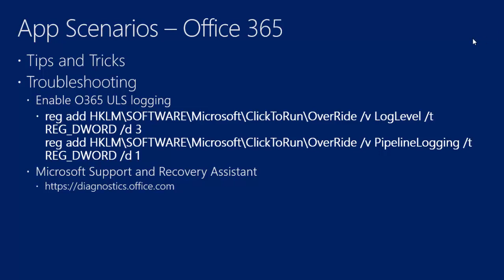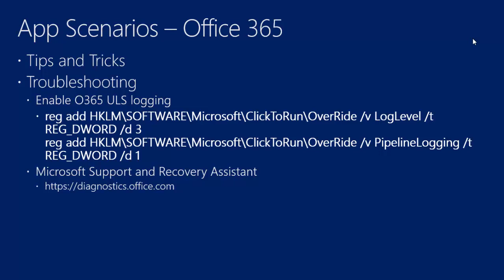What I also want to talk about in terms of tips and tricks, again, the Office 365 install details are delivered by Intune, but the actual files are pulled from the Office CDN, right? Also specific to Office, if you're having some challenges installing, there is the ability to enable what's called Office 365 ULS logging.